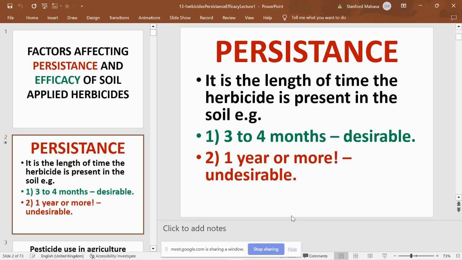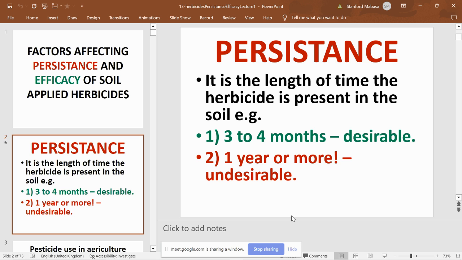So what is persistence? It is the length of time the herbicide is present, probably being active in the soil. When it is desirable, we may want the herbicide to last for 3 to 4 months, so it can coincide with the critical period of weed control, so that it can suppress weed density to the extent that it is below the weed control threshold, and this can increase our yields.